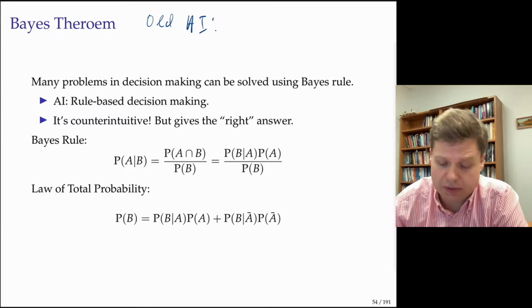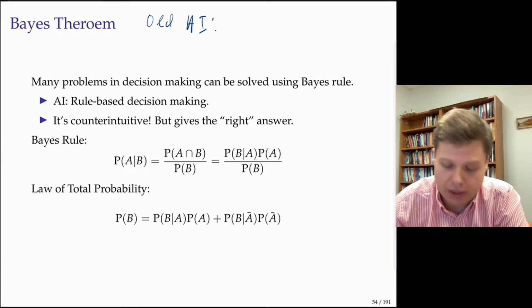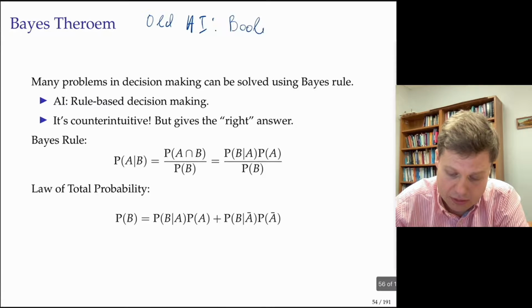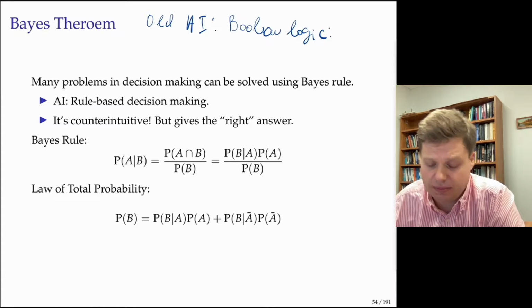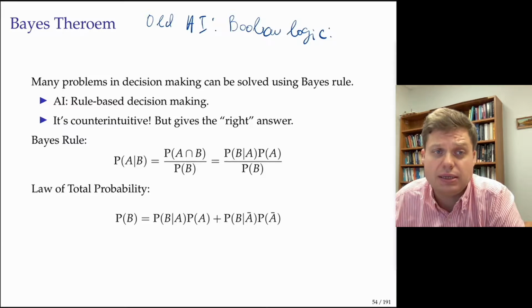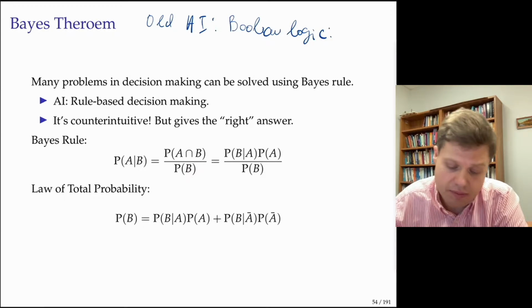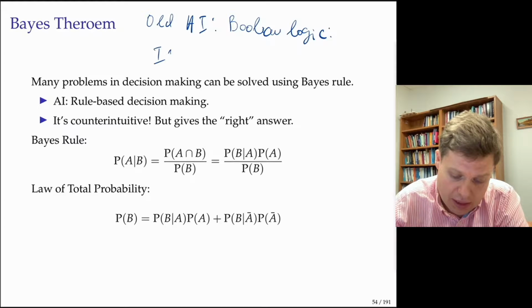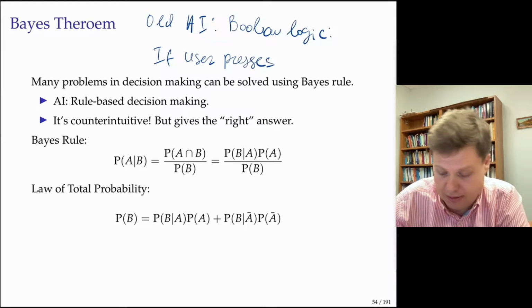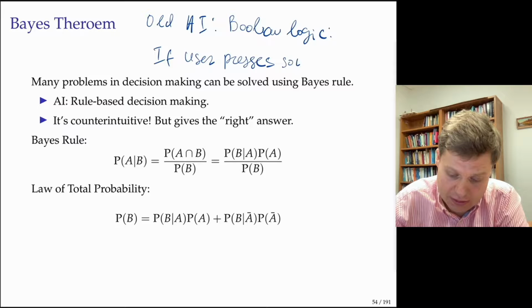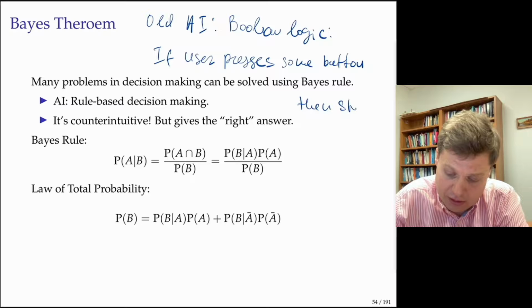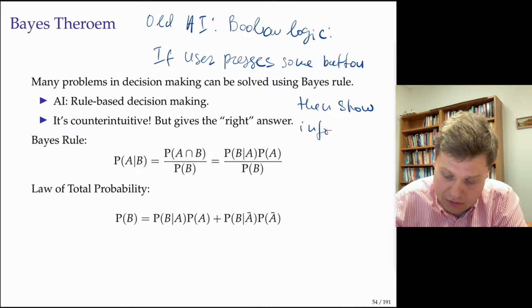They were basically relying on Boolean logic, meaning that the system was implemented as a large number of logical statements, something like if user presses some button, then show information about something.